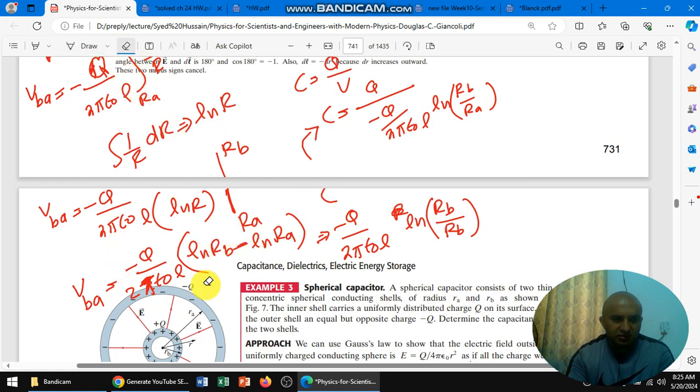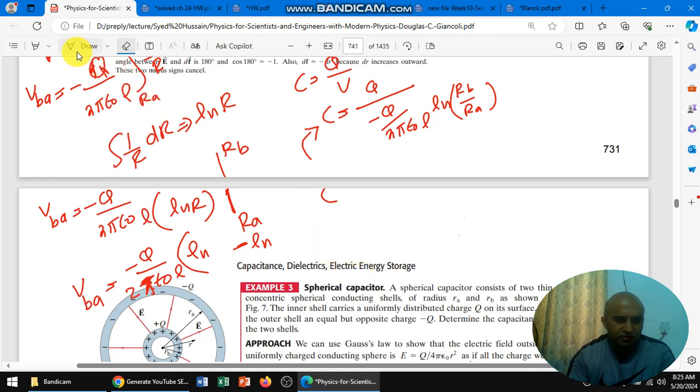So this term can be rearranged. So we can write RB and RA like this. It's a better way to remove the negative sign here. So instead of writing log of RB minus RA, we can write log of RA minus log of RB, and this removes the negative sign.